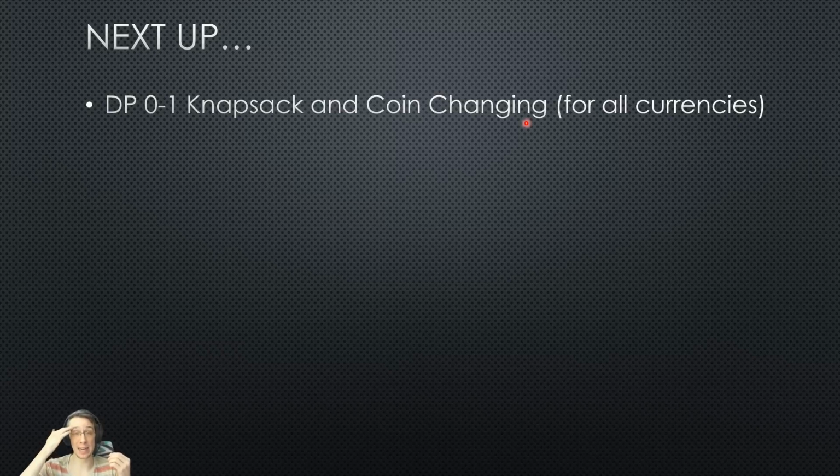If the currency is taken as an input, then there are inputs where that algorithm doesn't work. So that's not a solution to the general coin changing problem. It's only a solution to restricted problems where we consider individual currencies or classes of currencies. Next time, we're going to see a dynamic programming solution to the coin changing problem that works for all currencies.